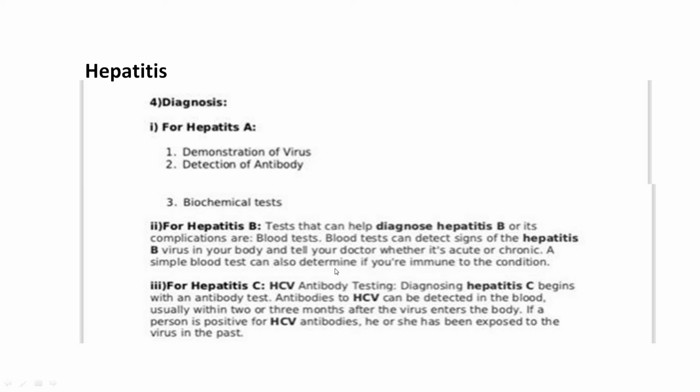Then for hepatitis C, HCV antibody testing is done to diagnose hepatitis C. Antibodies to the hepatitis C virus can be detected in the blood within 2 or 3 months after the virus enters the body.